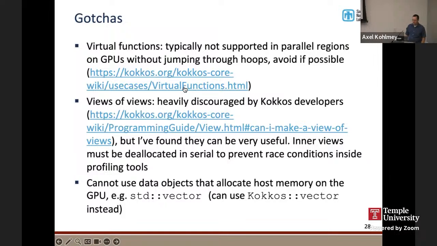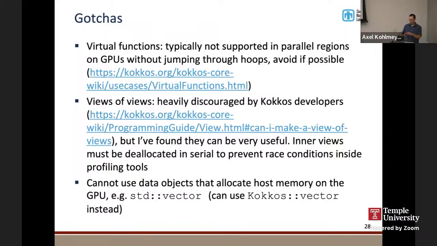Another gotcha is using a view of views. That's like saying I want a view and the type is another view. That does work. The Kokkos developers actually heavily discourage that. You can see why. There's some information here. But I've actually found that this can be fairly useful if you need a jagged array.